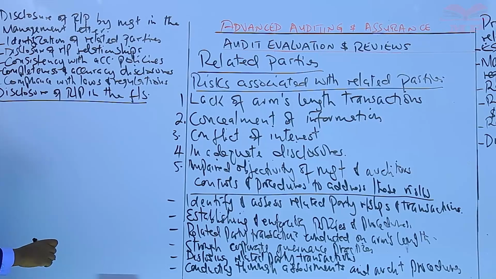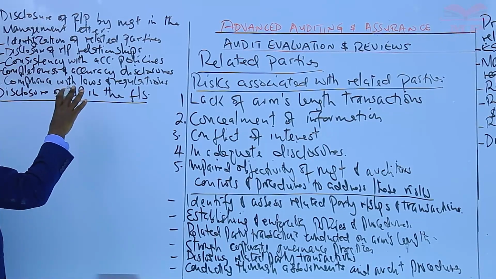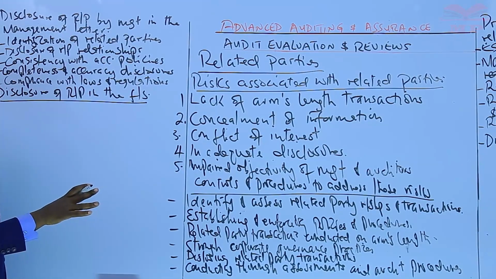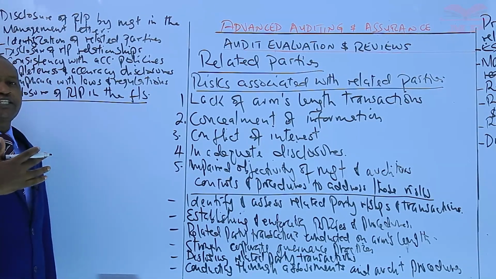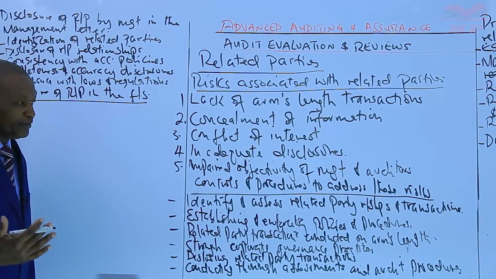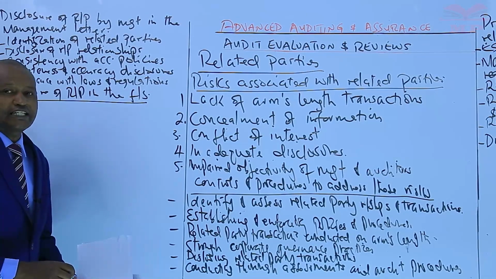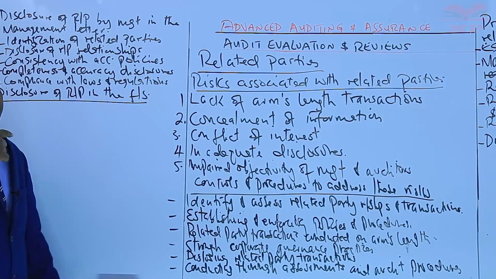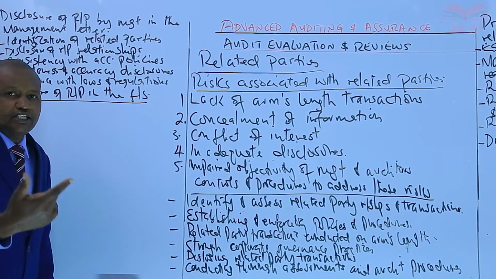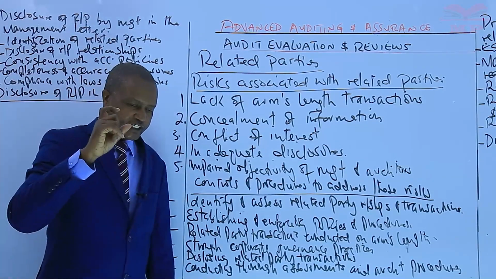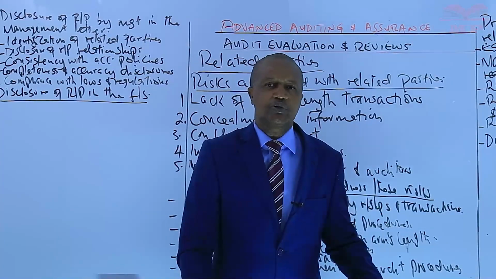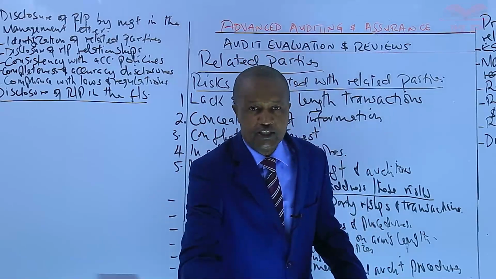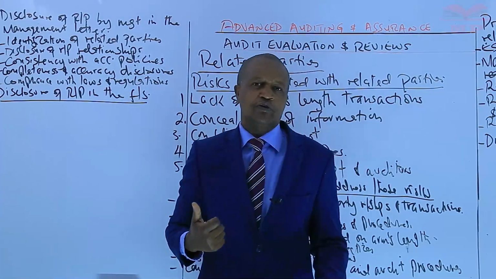Now, candidates, apart from disclosing related parties by management in the management representation letter, there ought to also be disclosure of related parties in the financial statements. And the disclosure of related parties in the financial statements is a requirement under accounting standards. This helps to provide transparency and ensure that users of financial statements have information about the entity's relationships with related parties that could influence its financial position and performance.